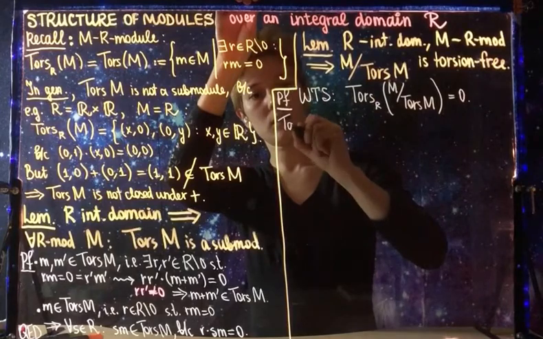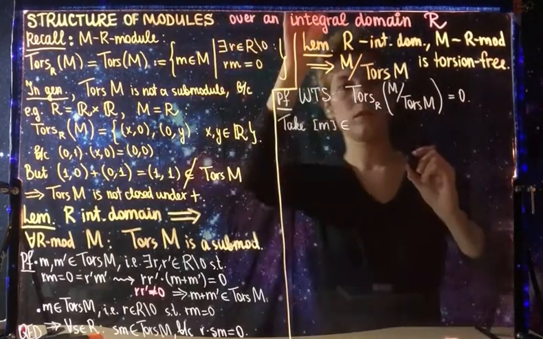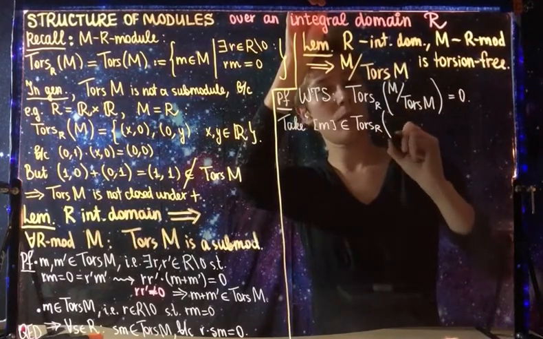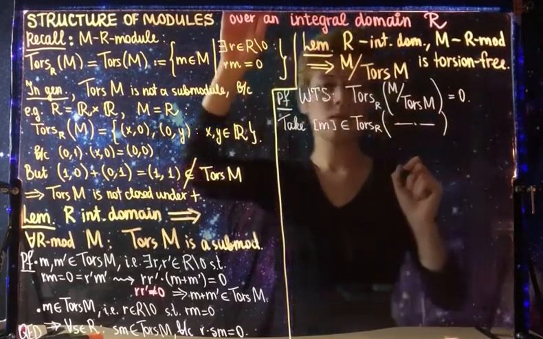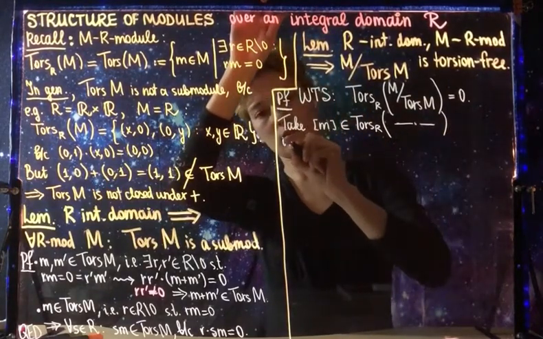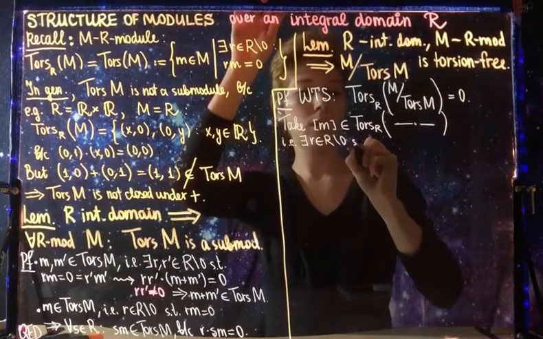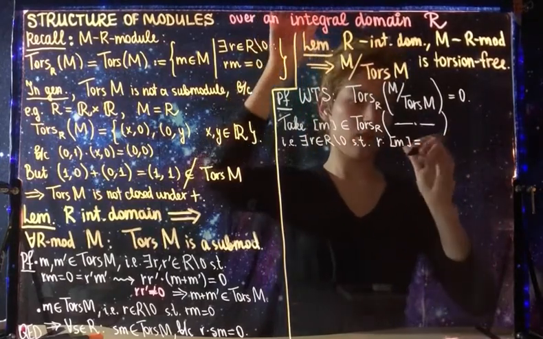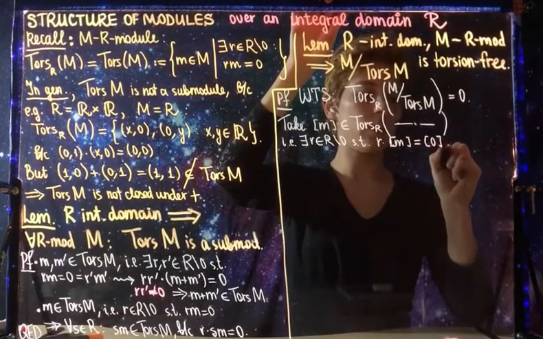So any element in Tors of the quotient, so this same thing, it means that there exists a non-zero scalar r such that r times the equivalence class of m is the zero equivalence class.